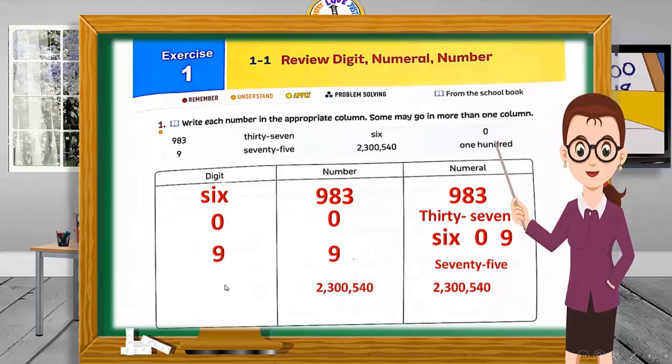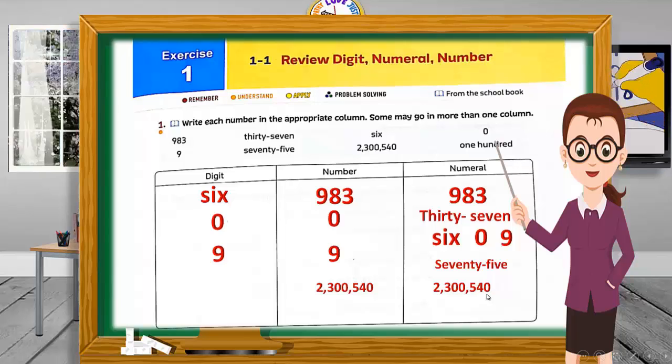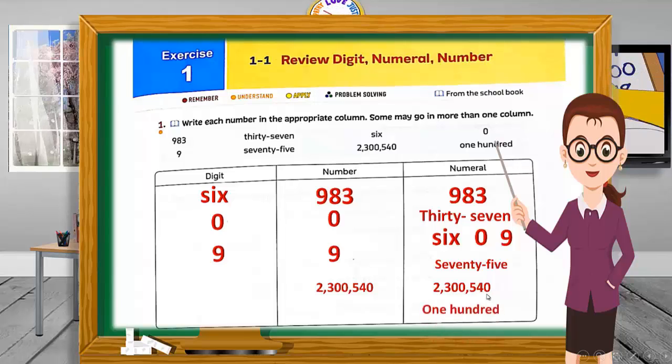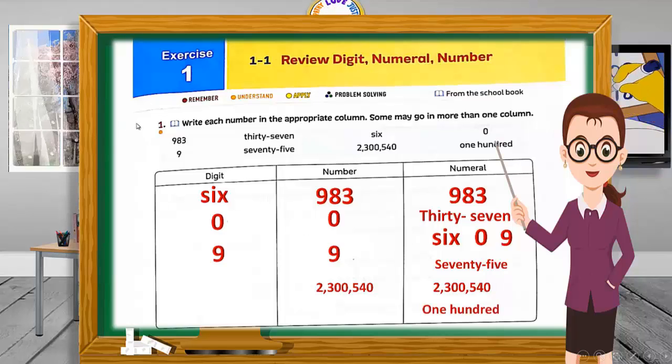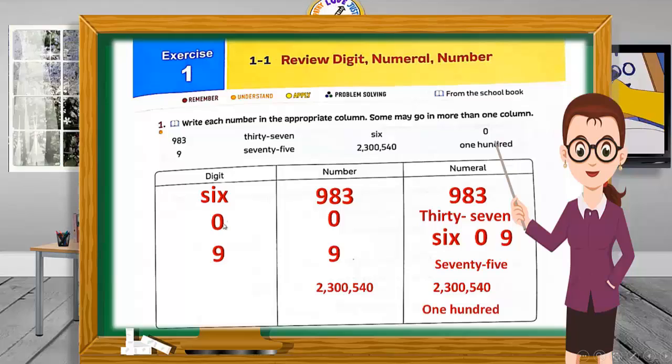Is 100 a digit? No. Is it a number? No, because we said any number in word form, we don't put here in the number. Is it a numeral? Yes, because a numeral is a name or a symbol. Now we finished the first exercise, okay?